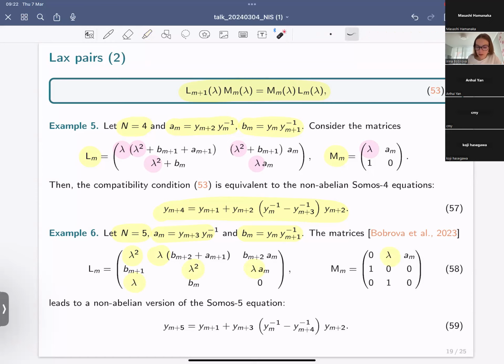And again, if we substitute these two matrices, given by formula 58, into discrete Lax equation 53, we obtain a non-abelian version of the Somos 5 equation, that is given by formula 59.